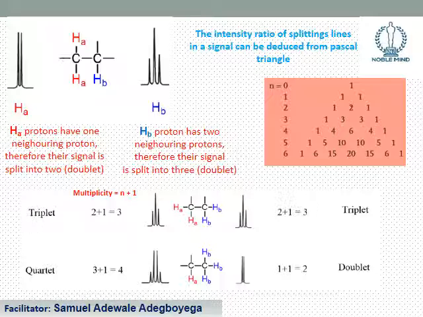So if your n equals 3, you know the multiplicity will be n plus 1. So you have 1 3 3 1, and that is obvious in quartet. In quartet, the second peak is 3 times the size of the first peak.